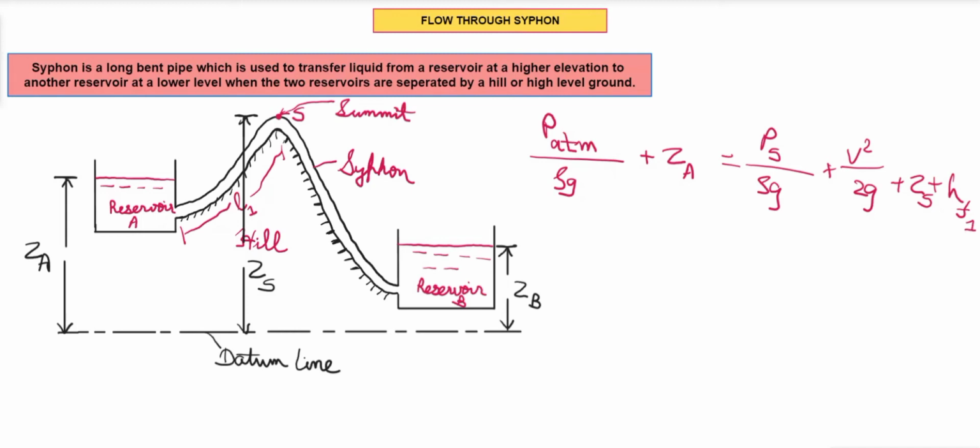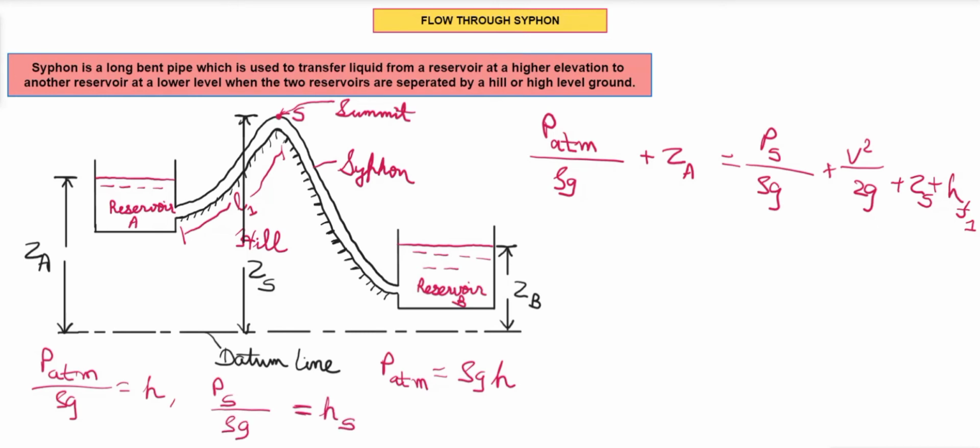Then this will become, one more thing, P is equal to rho g H. We already know this. From that we can write that P atmospheric upon rho g will be equal to H atmospheric, and PS by rho g will be equal to HS.